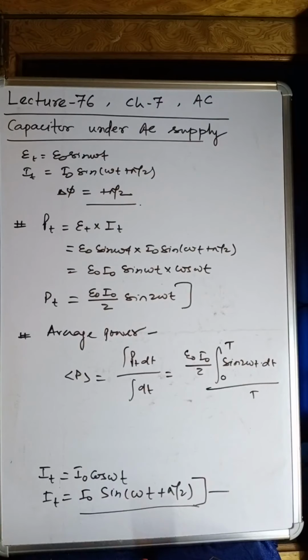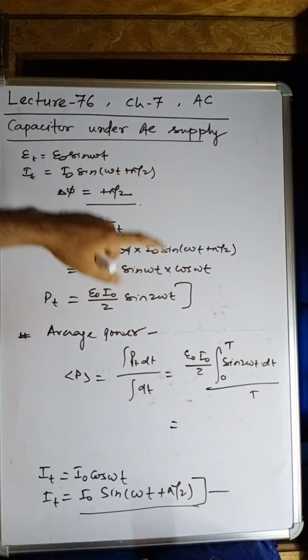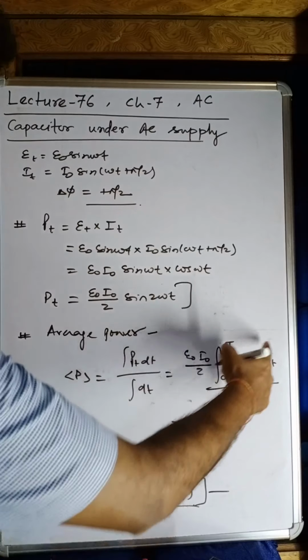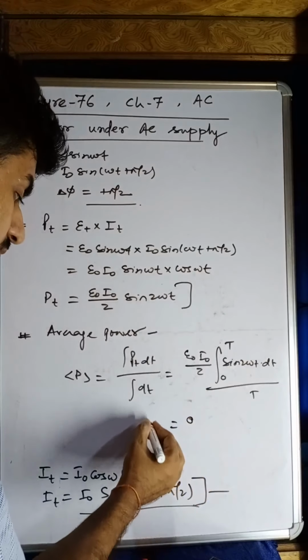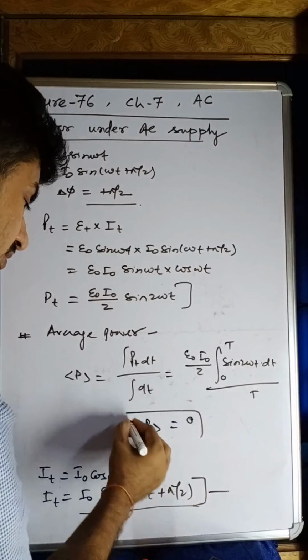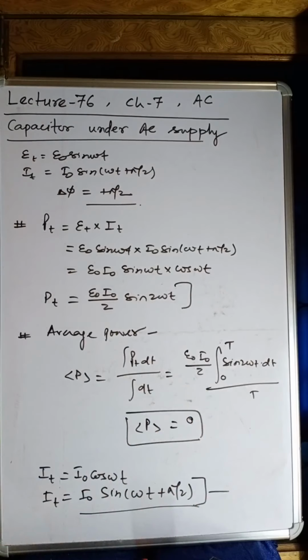Directly we can write, again recall that in the inductive circuit we had this value as 0, so this will also be 0 here. Again the power is 0 and there is a current in the circuit.